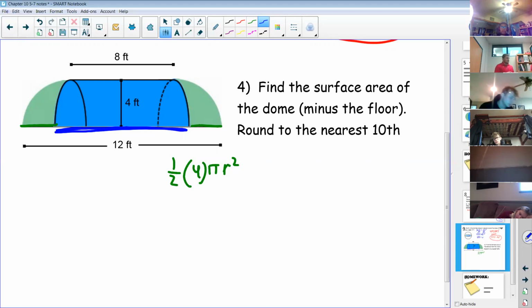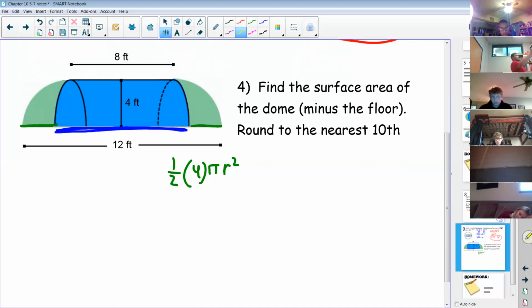You can think back, it was 2 pi r h plus 2 pi r squared. You think, okay, well, pi r squared, that's the area of a circle. So 2 pi r squared is talking about the ends of our cylinder, which would be the bases, but we're not using those to find the area, right? Because those are inside the building, so we're not concerned about those.